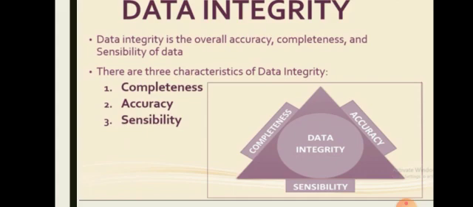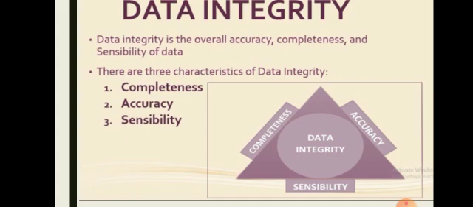So the data should be accurate. The same would happen if you entered a non-sensible value such as 105 percent in a subject. Therefore, to obtain sound results, we should maintain data integrity. The data we input should be complete, accurate and sensible.